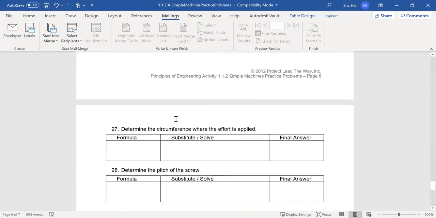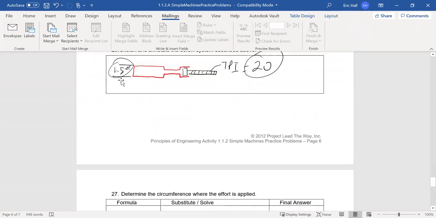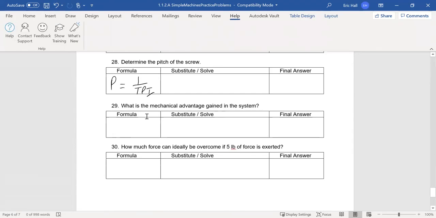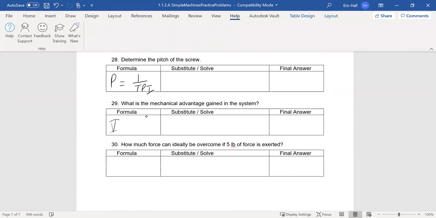They're going to ask you, what's the circumference where the effort is applied? Well, that's using your 1.5. So circumference is equal to pi times diameter. The pitch of the screw is equal to 1 divided by threads per inch. And then IMA will be equal to circumference over pitch.